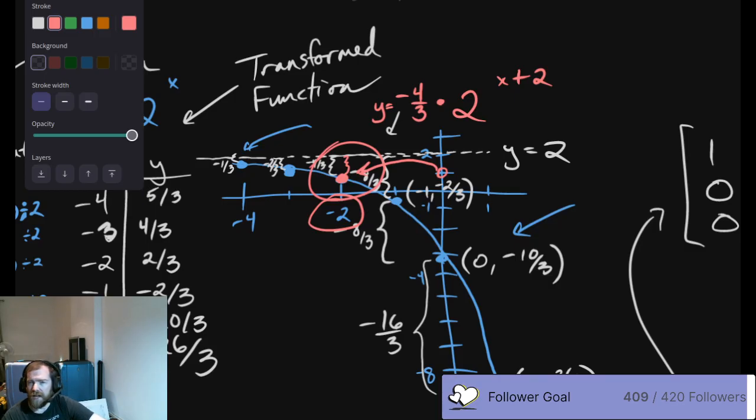Okay, and d, there's an additive value on the outside. Normally, our functions are asymptotic to the x-axis, so y equals 0. But in this case, we're asymptotic to y equals 2. As we start getting closer and closer to negative infinity, 2 raised to a negative power is going to make a smaller and smaller number.